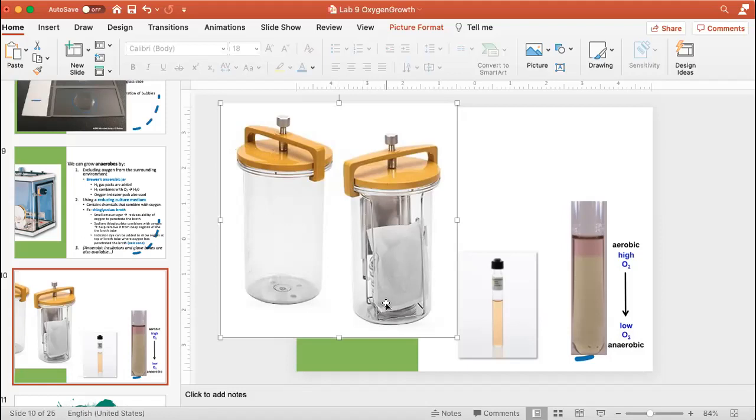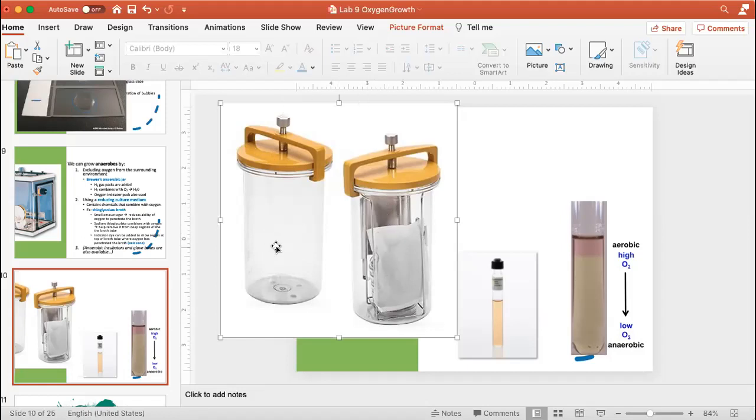You can also buy jars that have these white packets. Not all of them have these, but this is, again, an indicator dye that will change color if any oxygen gets in here during the incubation period. So again, you put the silver packet in, that's your hydrogen gas. You can also put one of these white packets in here.